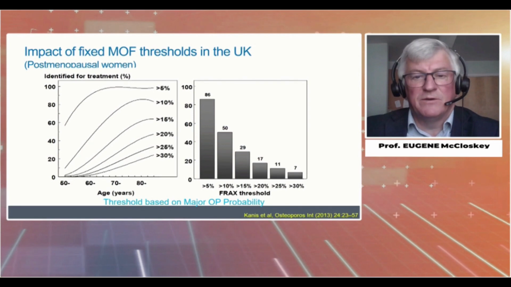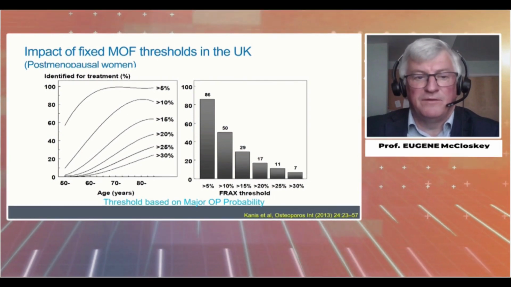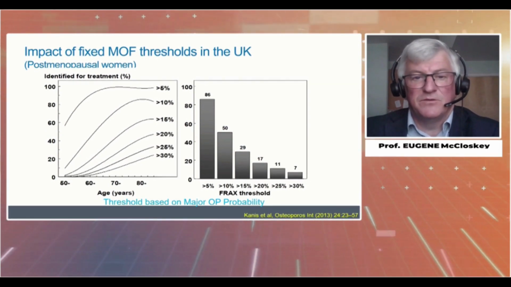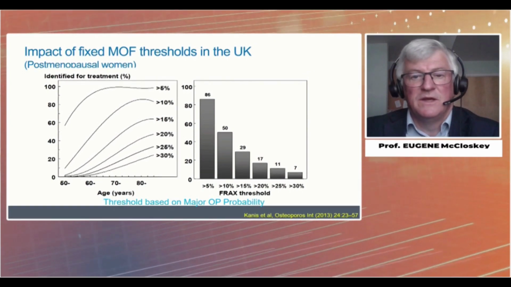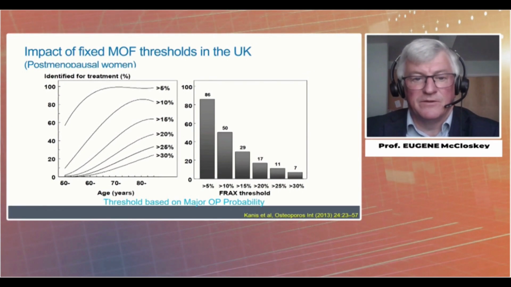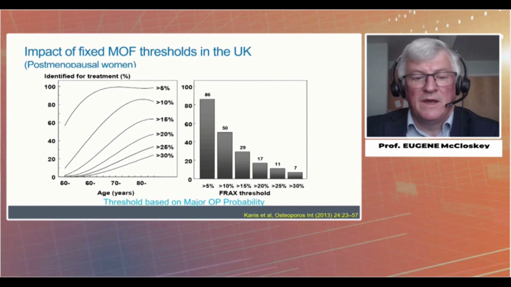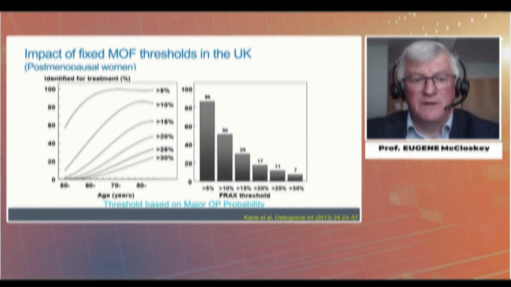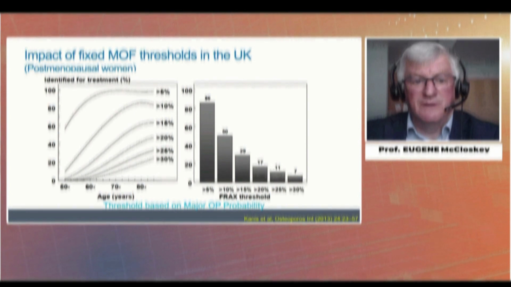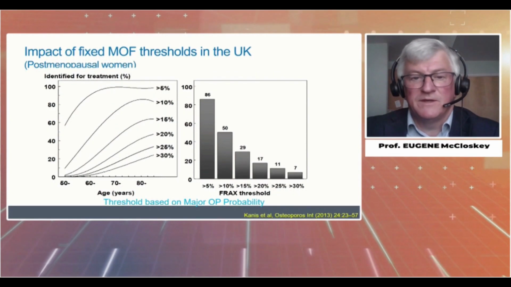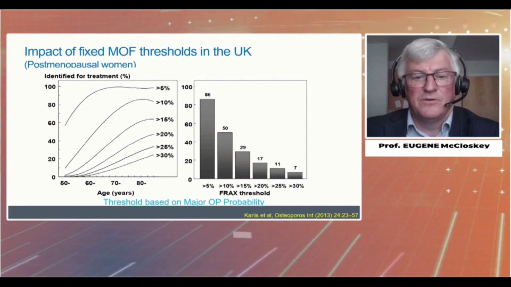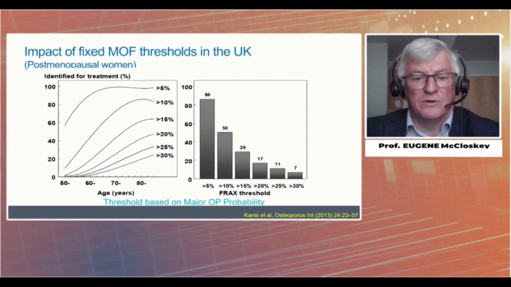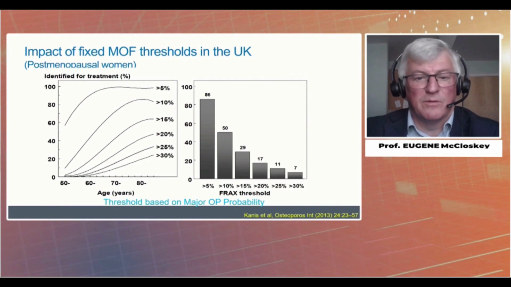So on this slide, we're just looking at a number of fixed major osteoporotic fracture thresholds in the setting of the UK, in postmenopausal women over the age of 50. And the thresholds that we've chosen range from 5% 10-year probability through to a 30% or more 10-year MOF probability.